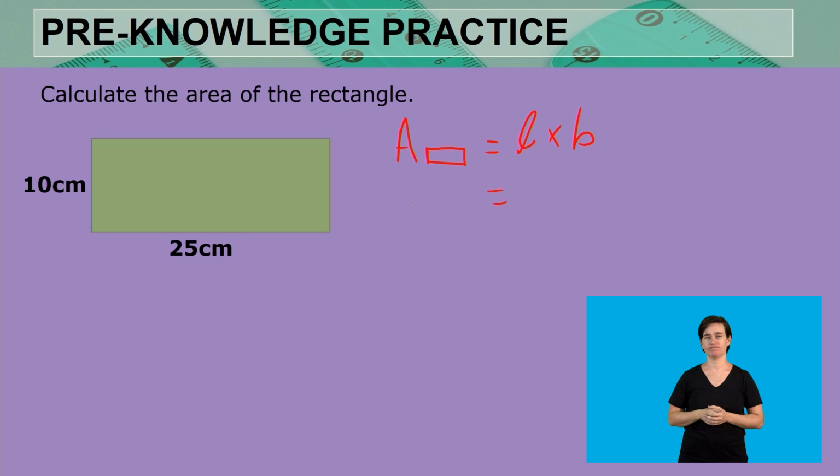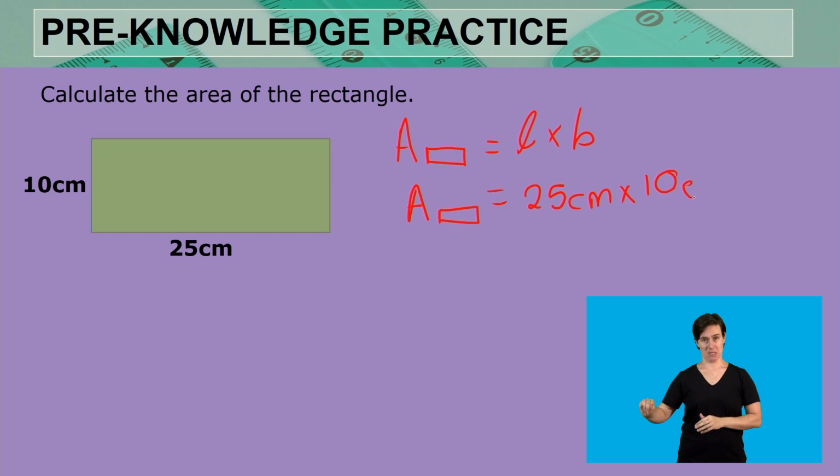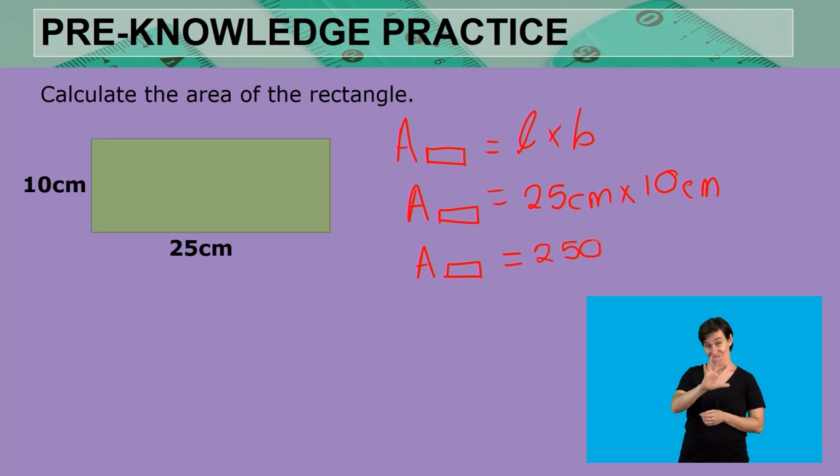When we substitute in those values, that is 25 centimeters multiplied by 10 centimeters, which gives us an answer of 250 centimeters squared. That is the area of this rectangle.